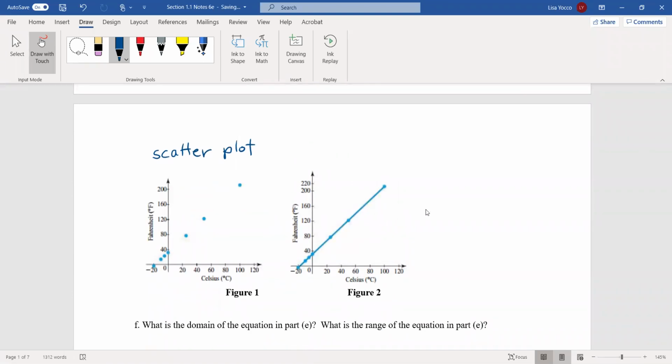And then beside it is the scatter plot along with the graph of the function.